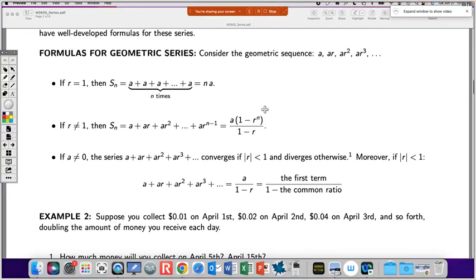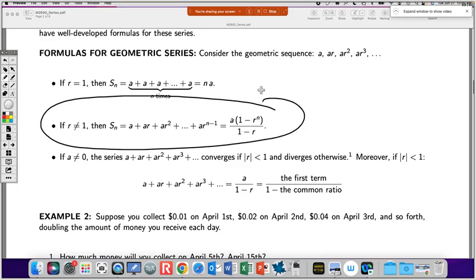It's right here. So S15, A, once again, that's the first term. How much did I collect on my first day? A penny. 1 minus R, what's the common ratio? 2. N here is how much?